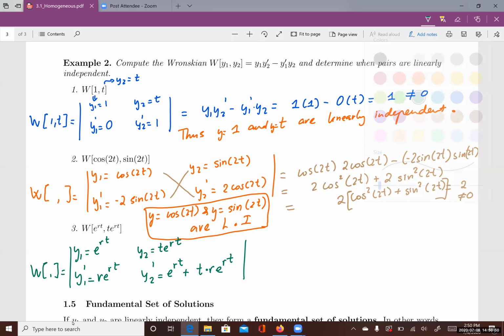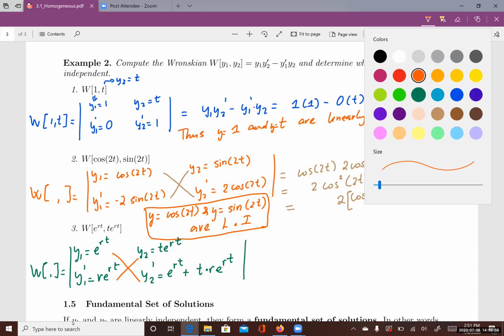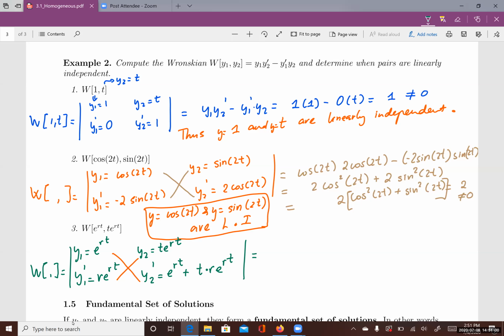Again, you want to find the Wronskian of these two. You're going to use the cross multiplication technique, right? Multiply these two and subtract this product. That will give you e to the rt times e to the rt plus t times r times e to the rt, minus r e to the rt times t e to the rt.